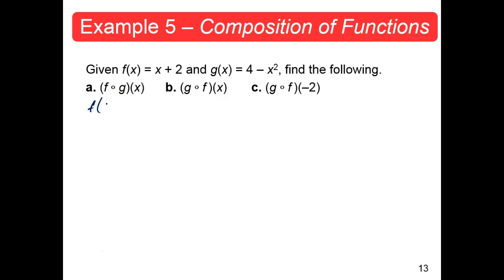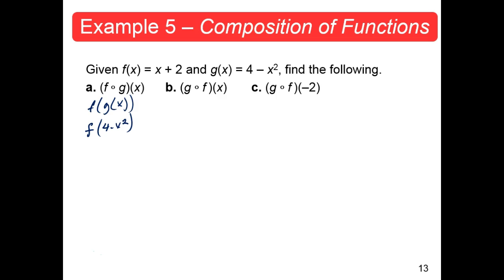F parentheses, g parentheses, x parentheses, parentheses. Plug in the innermost first. So leave the f alone for now. Plug in what g is. What is g? 4 minus x squared. Now we use f. What does f say to do?